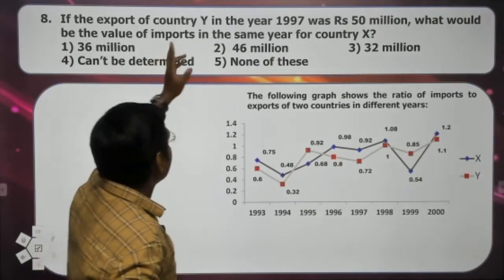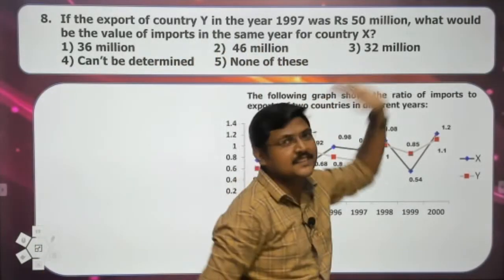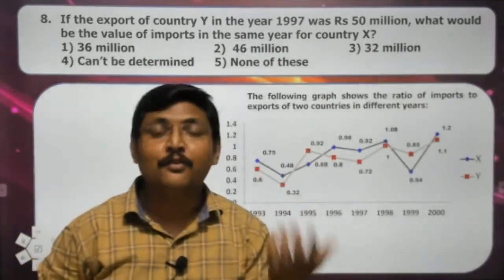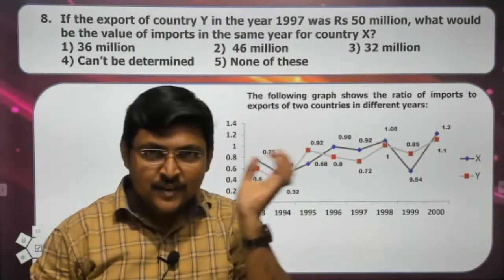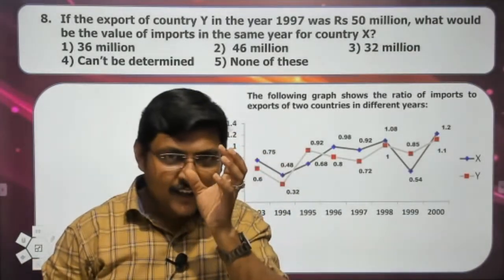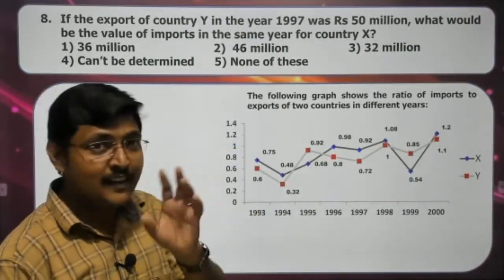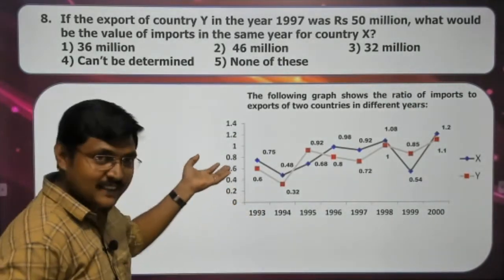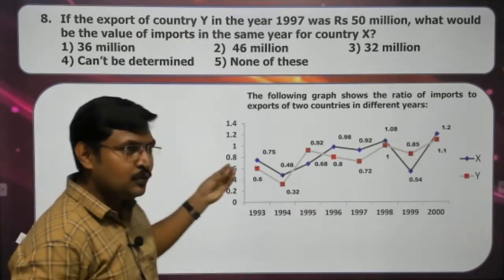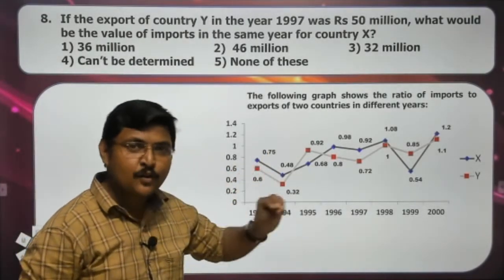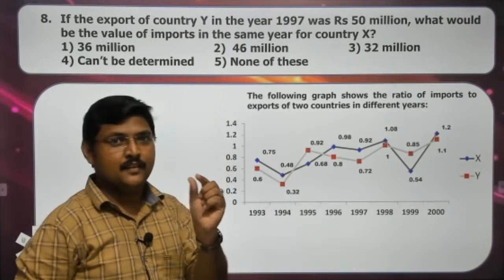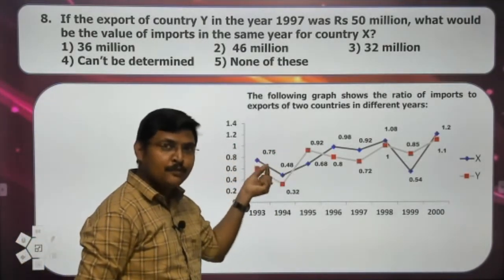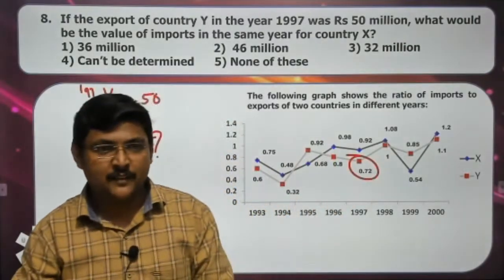The condition is given for country Y and they asked to find the import for country X. We all know this graph is related to the import to export ratio of a particular country. That means this 0.75 is the import to export ratio for that country, so it can't be determined.